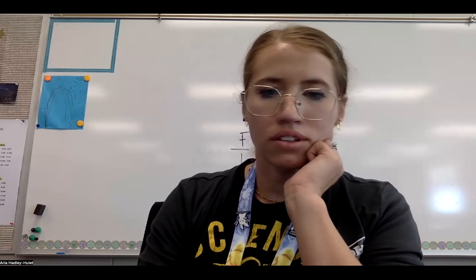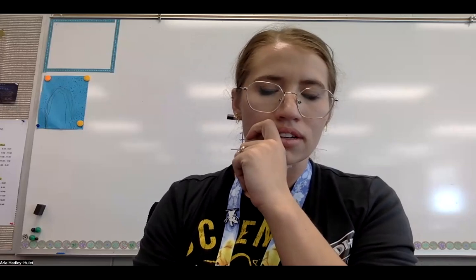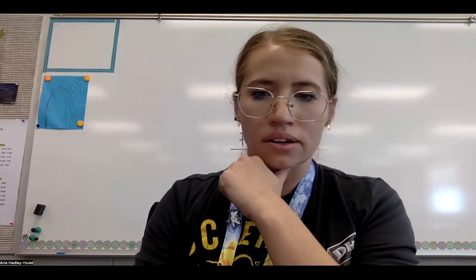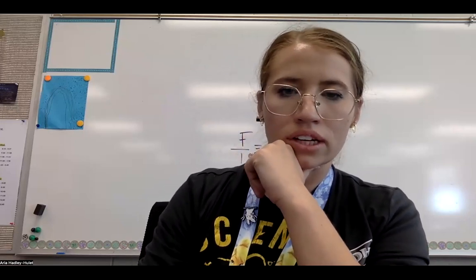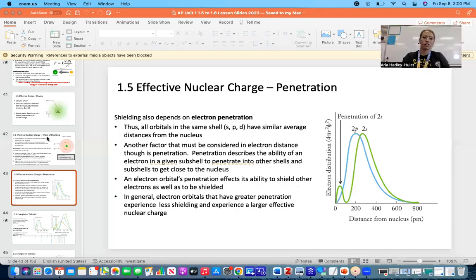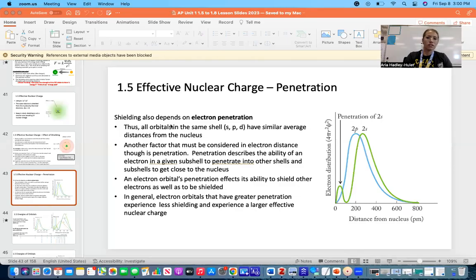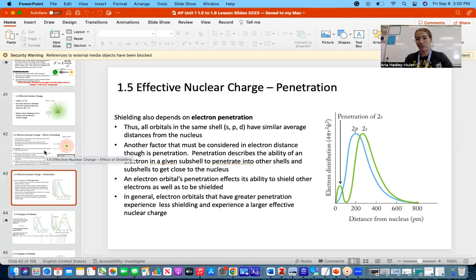Okay. So we ended last time looking at how the Z effective and the nuclear attraction that occurs with an electron, and we discussed shielding.